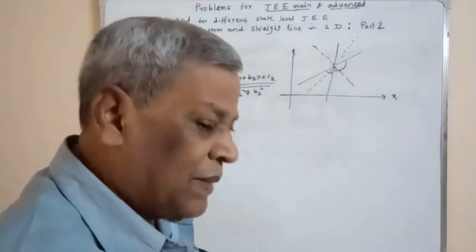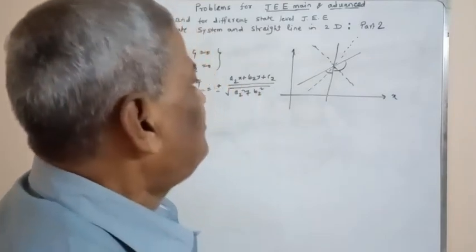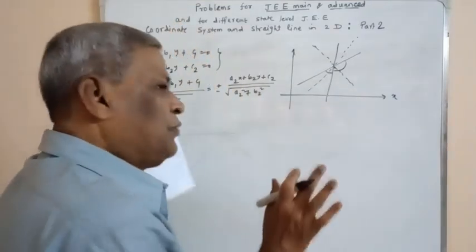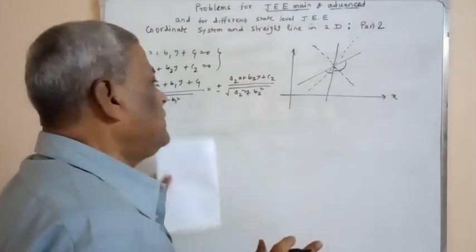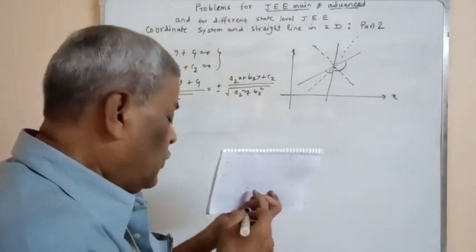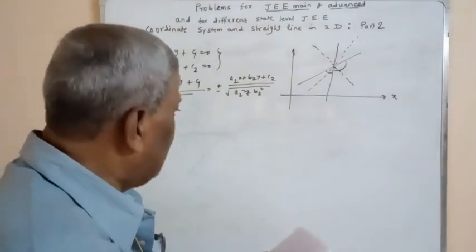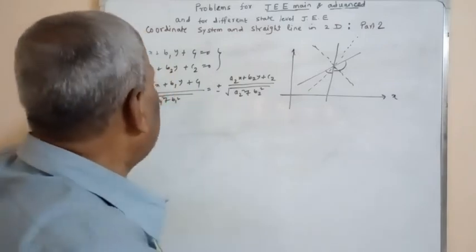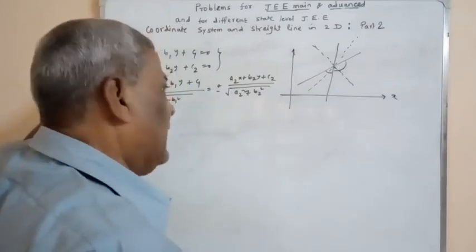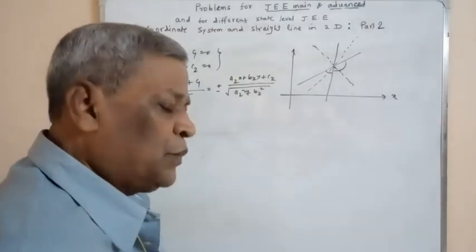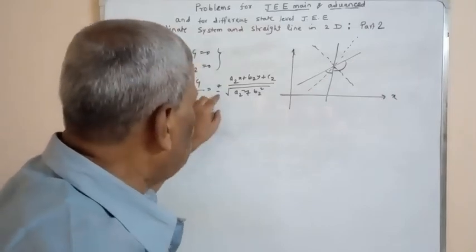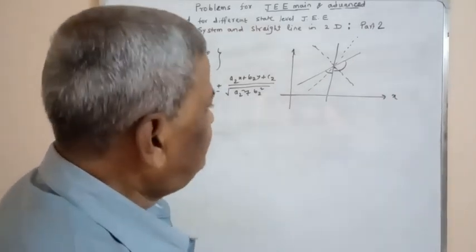The dotted straight lines are the equations of the bisectors. Now this is straightforward. Just using the formula, you can obtain the equations of the two straight lines which are bisectors of the angle between this and that, one corresponding to the positive sign and the other corresponding to the negative sign.